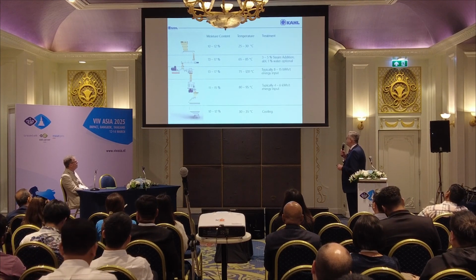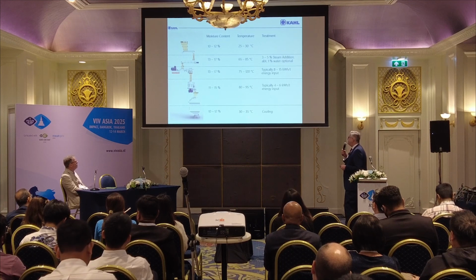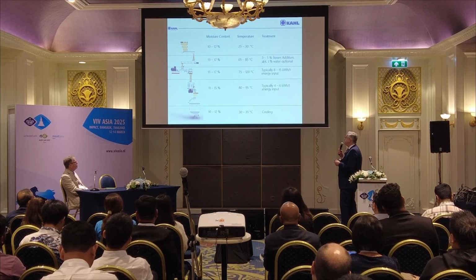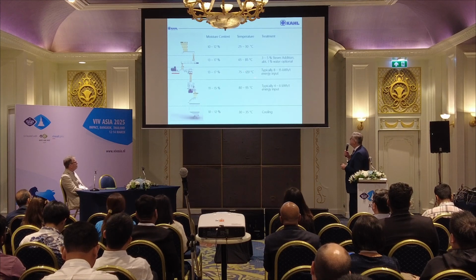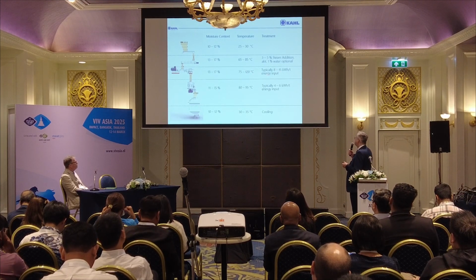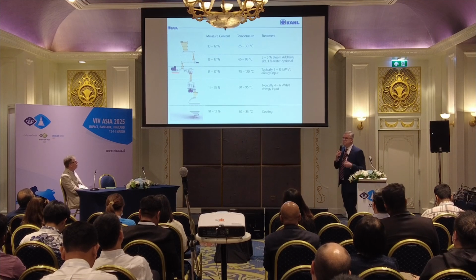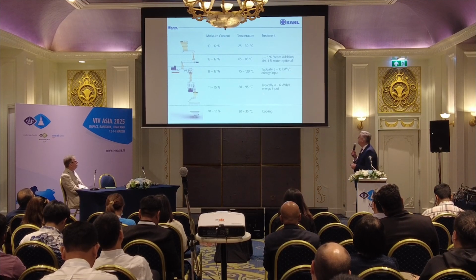For broiler feeds we are maybe at 105, 110, and for feeds with a higher starch gelatinization, we go to 120 degrees. Energy input for 120 is 15 kilowatts. On the lower side, at 75, you may only add 8. Typically broiler feed is 10 to 12.